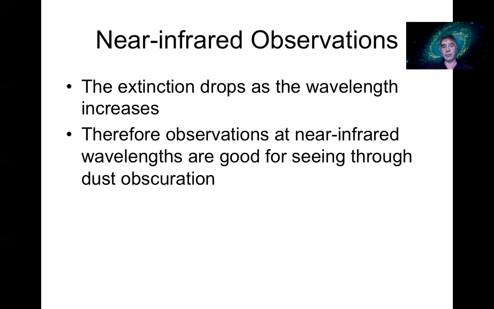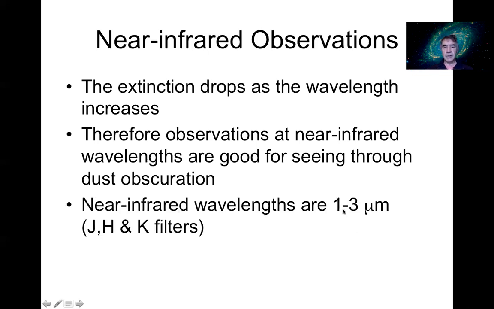In fact, for very cool stars, their peak output is at around 1 micron. If you recall the Wien displacement law, for a 3000 Kelvin star, it peaks at 1 micron. So you're at the peak of the stellar output, but also you've significantly decreased the dust obscuration. So you can see a lot further.